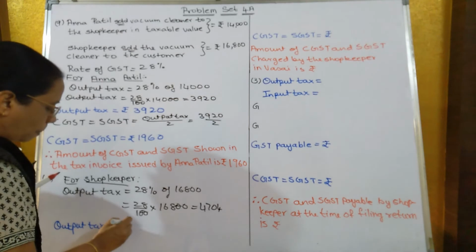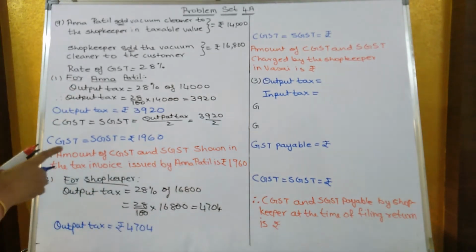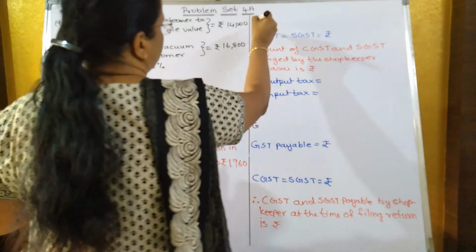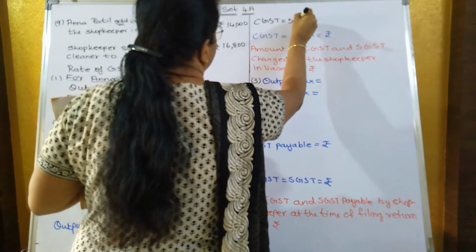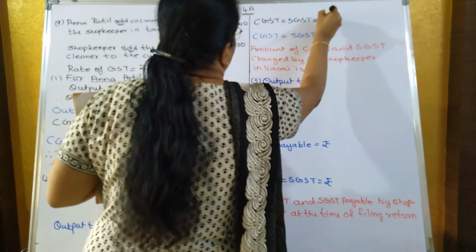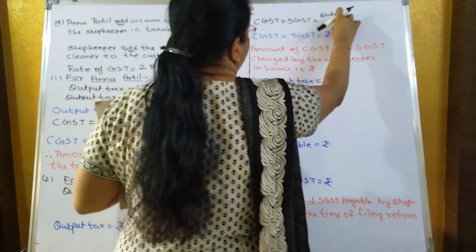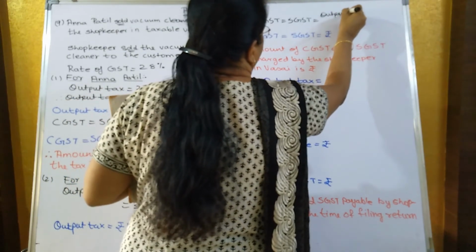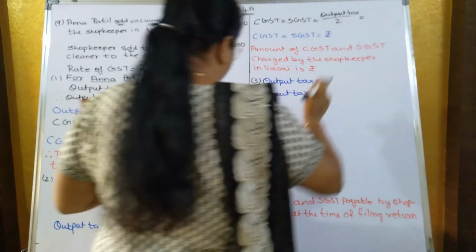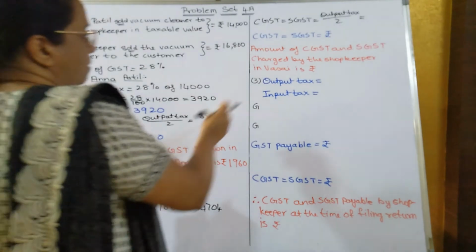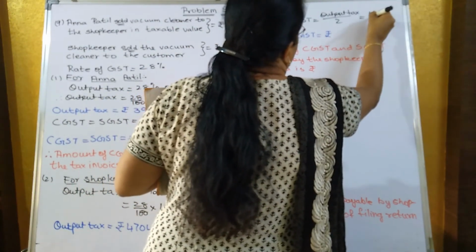So the output tax is equal to how much? Rupees 4,704. Now CGST and SGST is equal to how much? CGST is equal to SGST is equal to output tax upon 2. That is equal to how much is output tax? 4,704. 4,704 divided by 2.